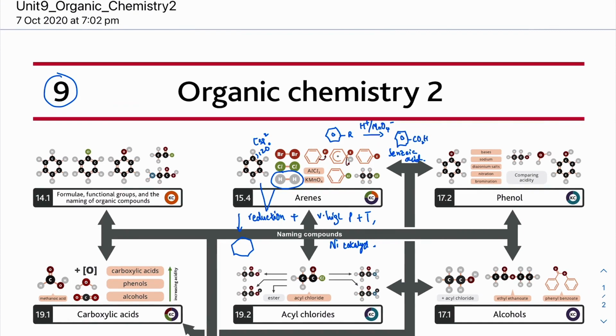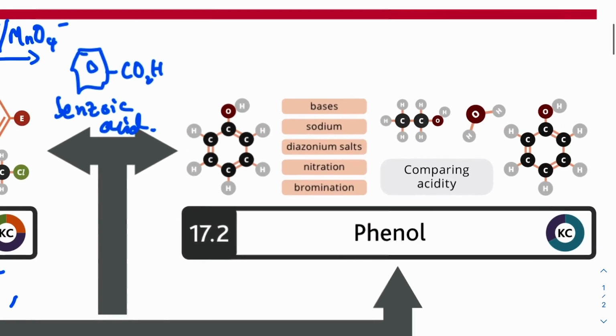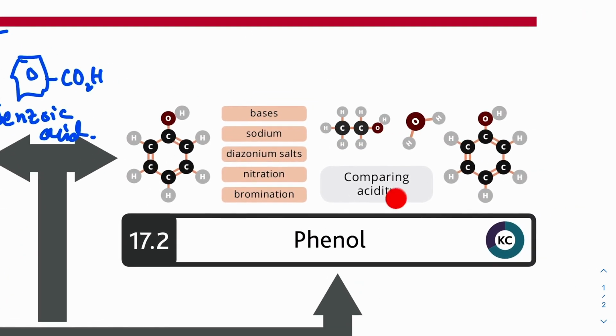In terms of phenol chemistry, there is a topical playlist under acids and bases. These are the kind of fixed questions. They always come out in A2 Paper 4, where you're asked to compare the acidity of phenol, normal alcohol, versus carboxylic acid or versus water.